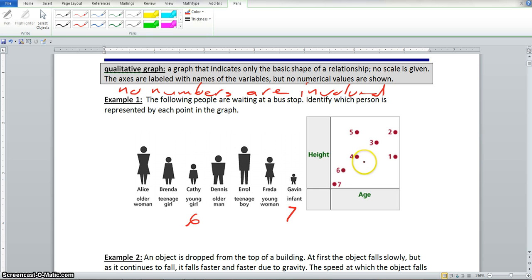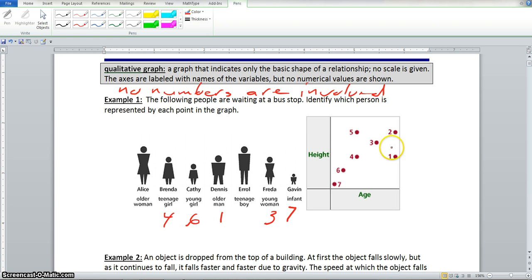Okay, 4 here would be Brenda. And the next tallest here would be 1, which would be Dennis. Now, the next tallest, which would be 3, which we know would be Frida.